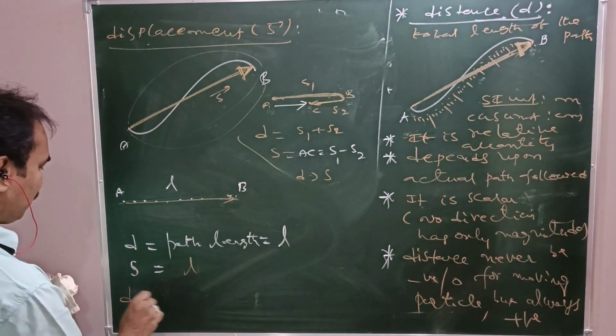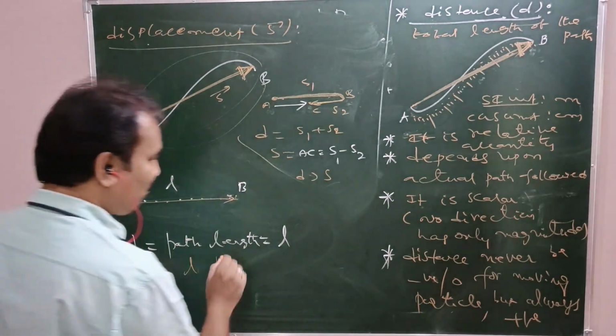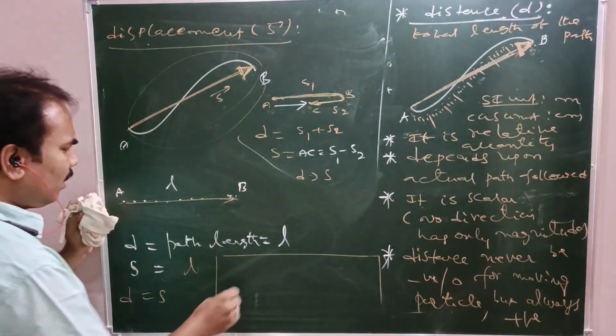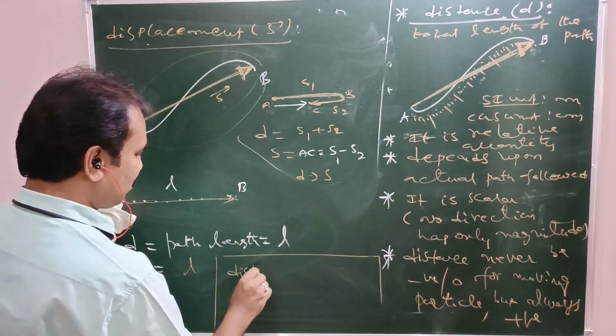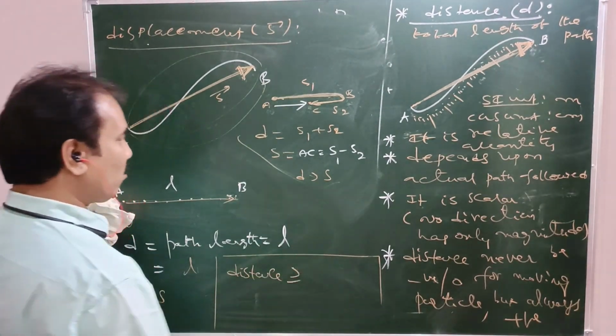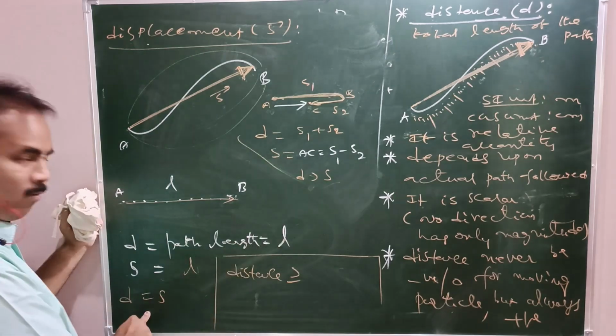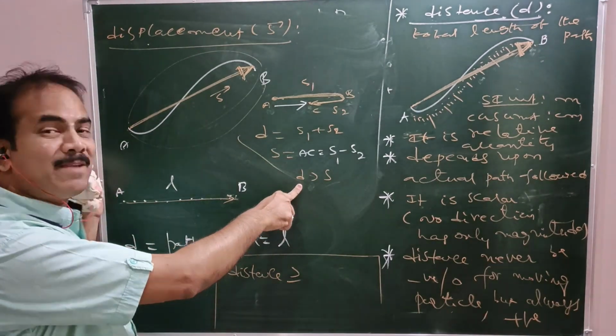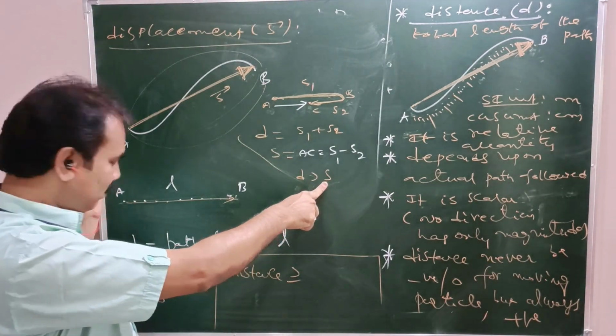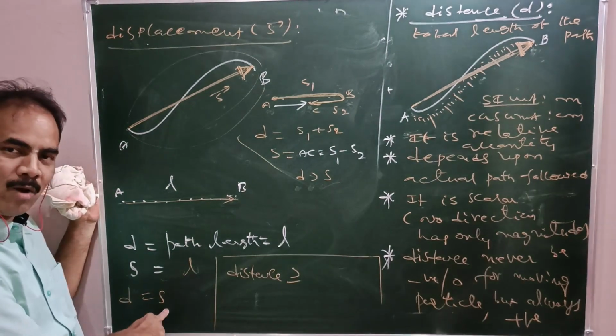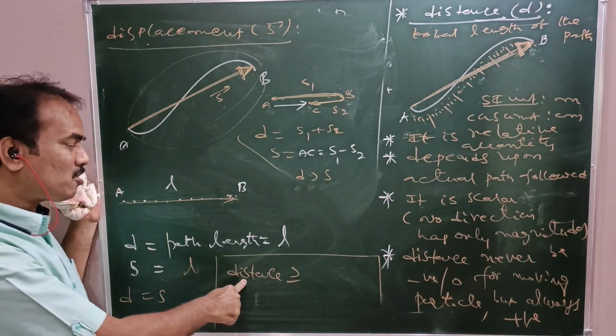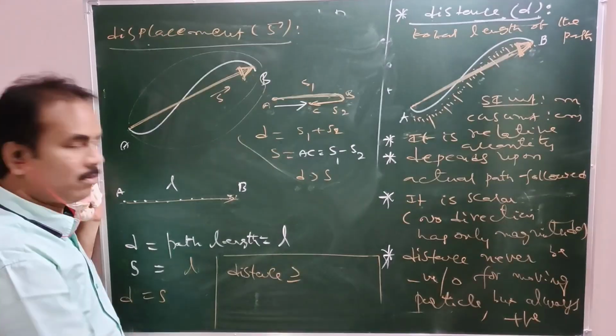So if we club both points, distance is greater than displacement here, distance equals displacement there. On clubbing both statements, distance is always greater than or equal. So distance may be greater than displacement, distance may be equal to displacement, but distance is always greater than or equal to displacement.